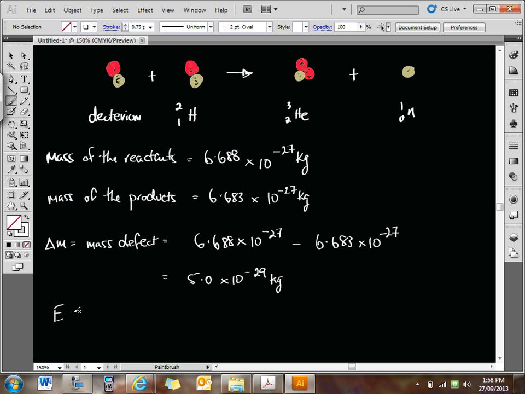Energy released, E equals mc squared, so 5 by 10 to the minus 30 multiplied by 9 by 10 to the power of 16. Answer is 4.5 by 10 to the minus 13 joules.